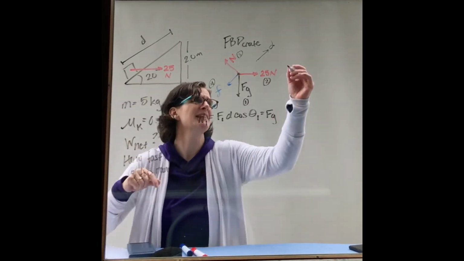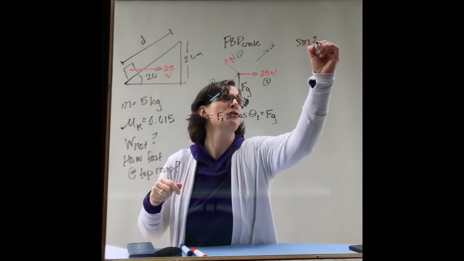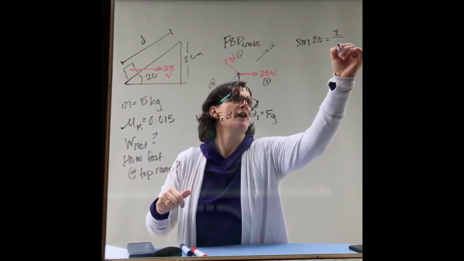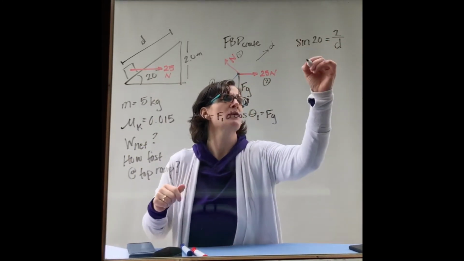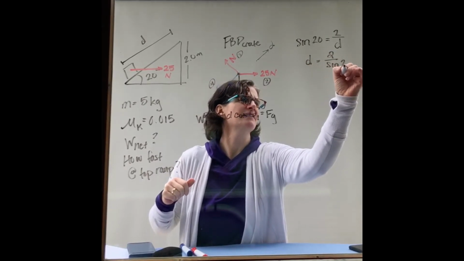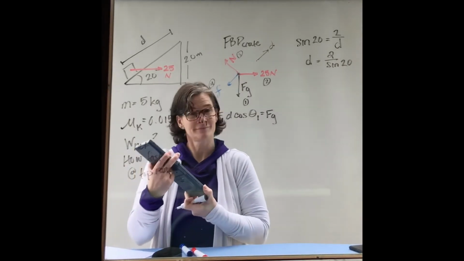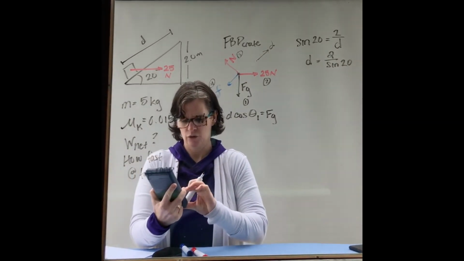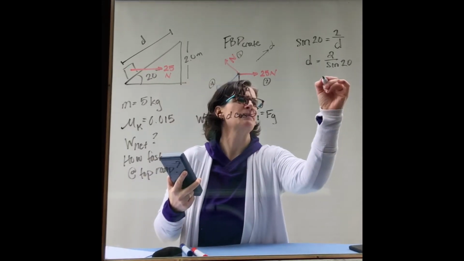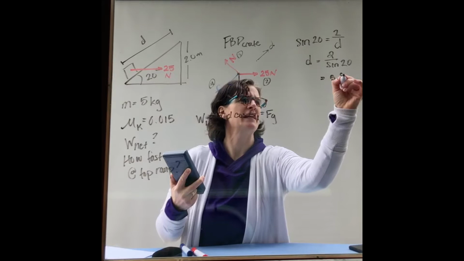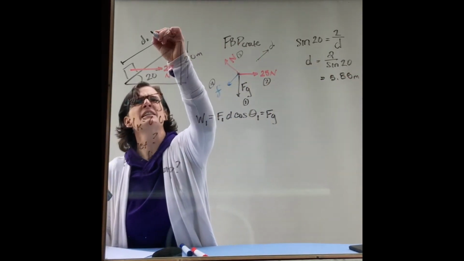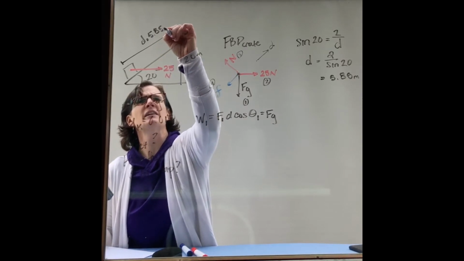Our height is opposite, so we know that the sine of 20 is opposite over our displacement. So our displacement is going to be 2 divided by the sine of 20 degrees. So we'll calculate that, 2 divided by the sine of 20, and we get a displacement equal to 5.85 meters. So this d is equal to 5.85 meters.